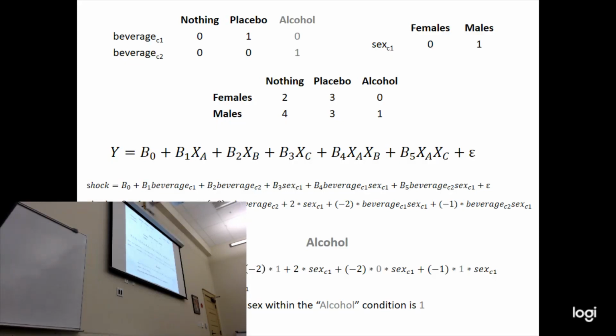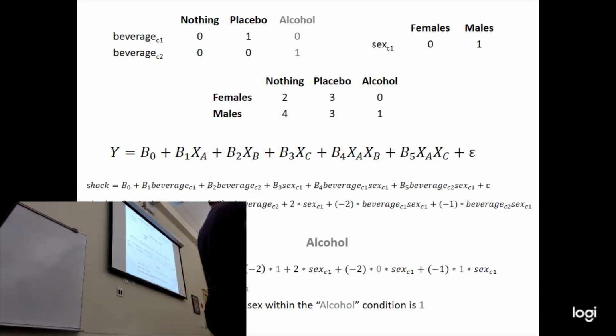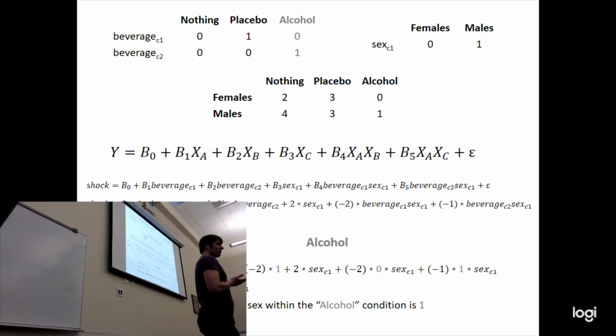Remember, the thing that makes these interpretable as mean differences is the unit weighting, the fact that there's a distance of 1 between the minimum value and the maximum value. Whether you use dummy coding versus contrast coding really ought to go back to your hypothesis and how specific it is.